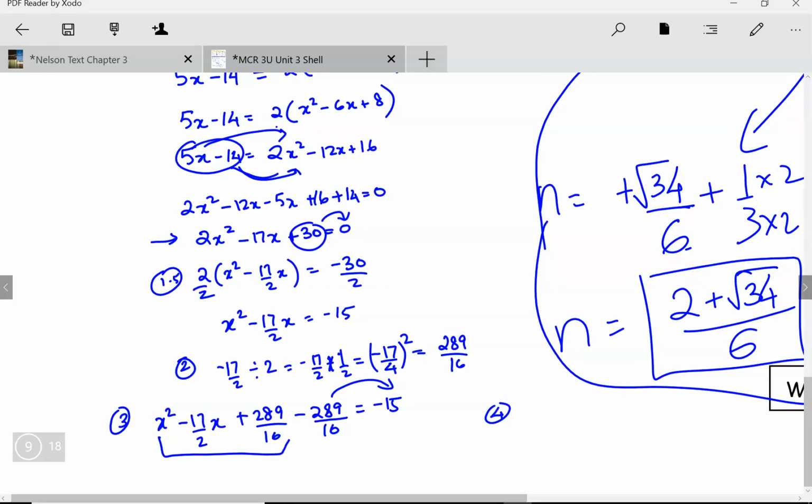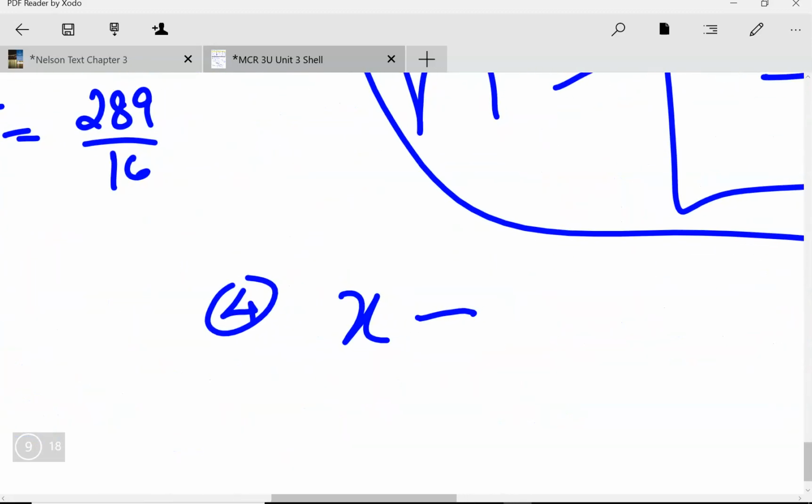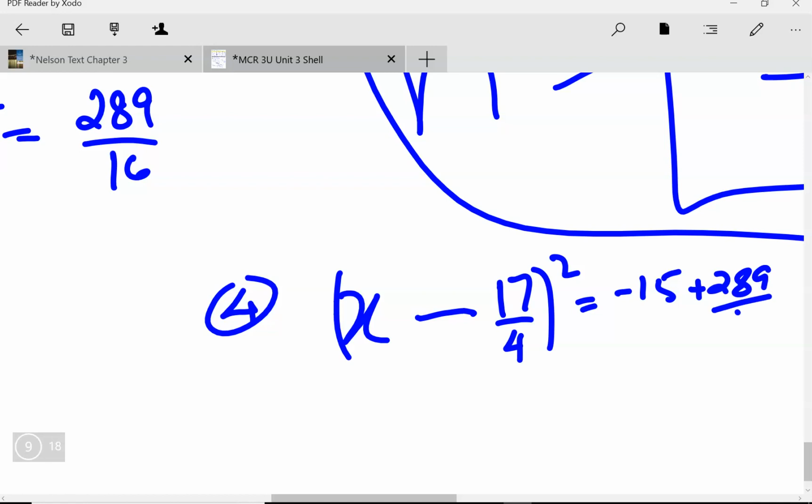In step 4, I have to write a perfect square, and the perfect square is going to be x minus whatever we squared. If you take the square root of this, what do we get? We get 17 over 4. So x minus 17 over 4 squared equals negative 15 plus 289 over 16.